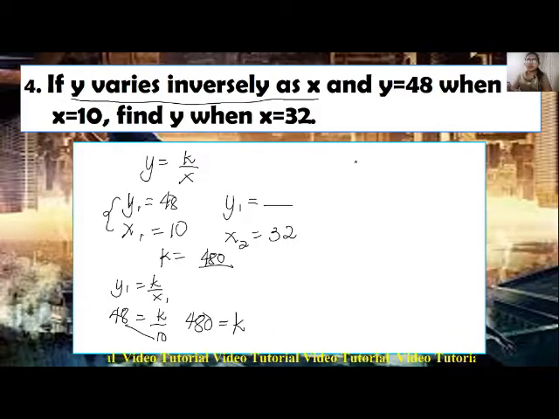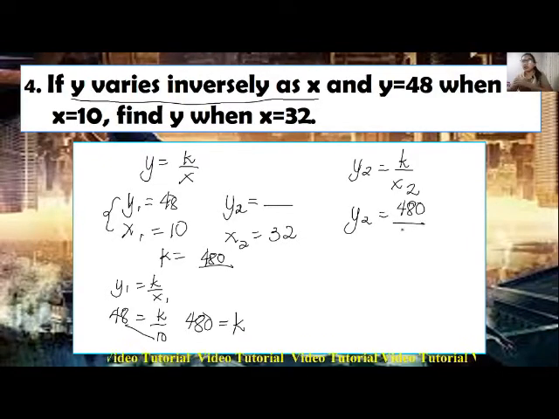Now that we have the value of k, we find the value of y sub 2, which is k over x sub 2. Just copy the obtained value of k, which is 480, and then the given x sub 2, which is 32. 480 divided by 32, the answer is 15. Therefore, the value of y sub 2 is 15.